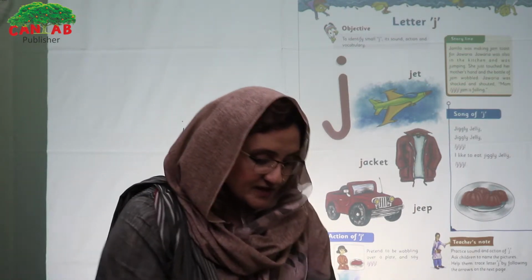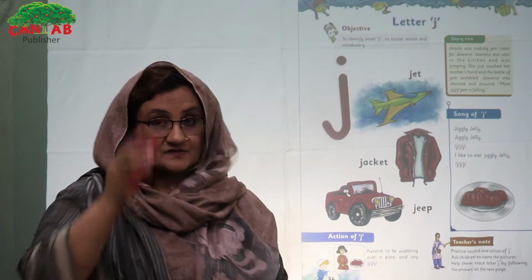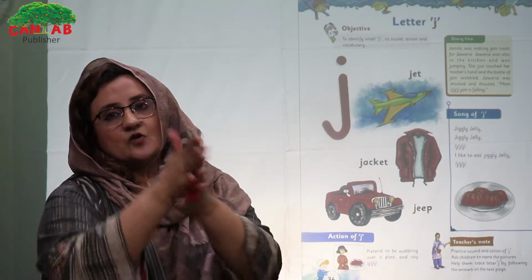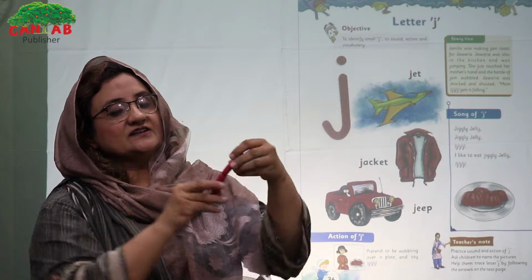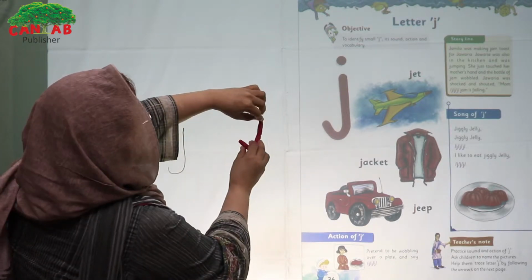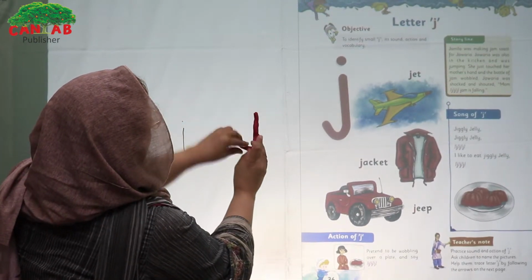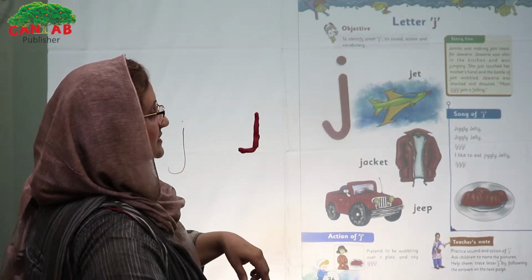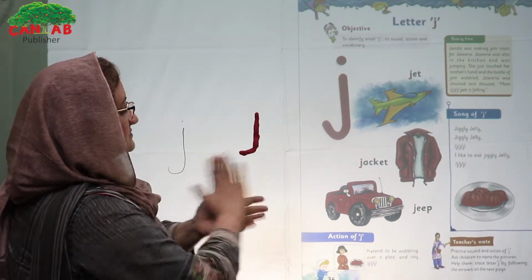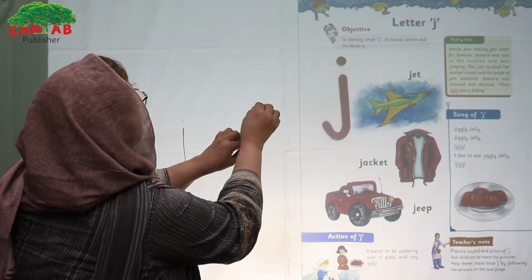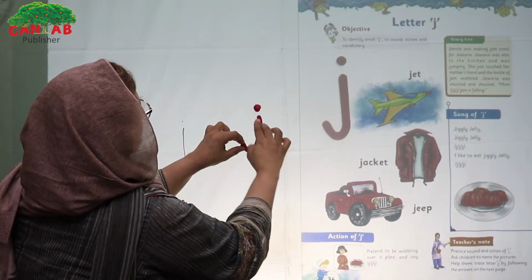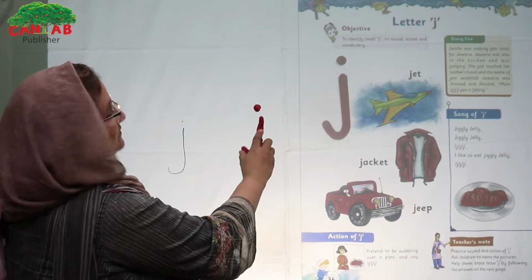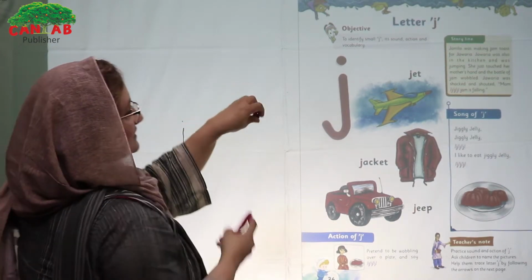The second group can use this Play-Doh and make a coil like this, and they can write letter J like this with the help of the Play-Doh. You can even help them to make jelly by using this Play-Doh.